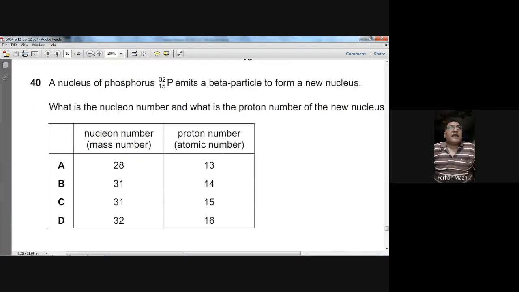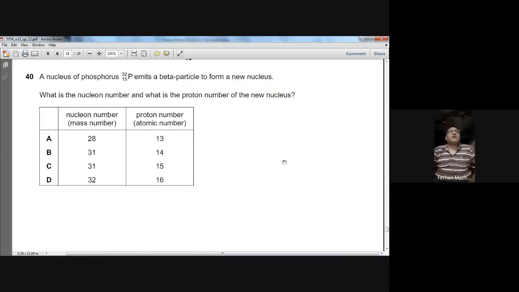Okay, sir, we have question number 40 on your screen. A nucleus of phosphorus-32, P 15 32, emits a beta particle to form a new nucleus. What are the nucleon number and the proton number of the new nucleus? You know, whenever a beta decay happens, when a beta particle is given out, the daughter nucleus which is produced will have the same nucleon number, but its proton number will be one more and its neutron number will be one less.